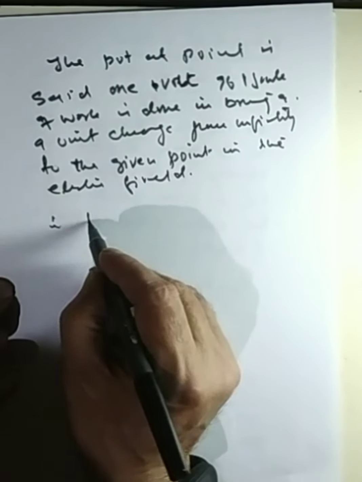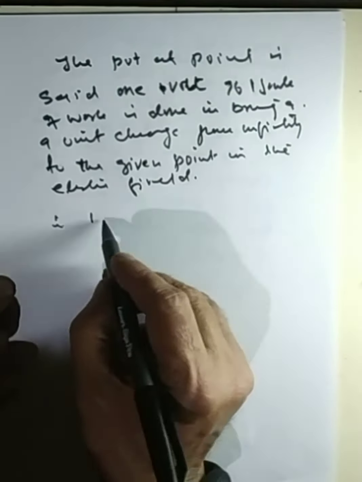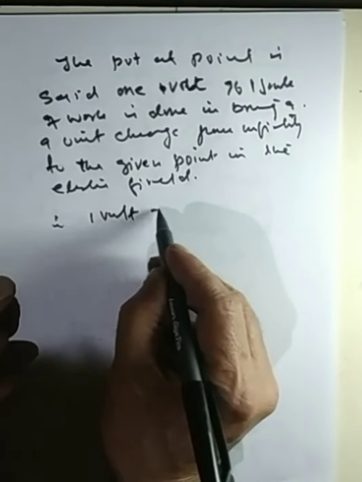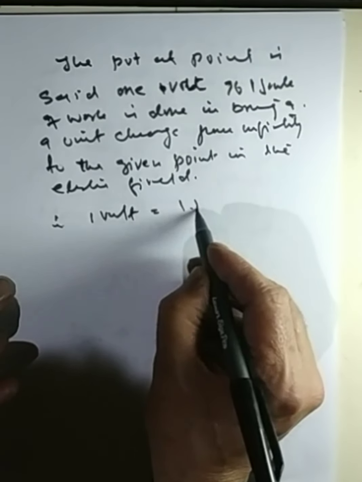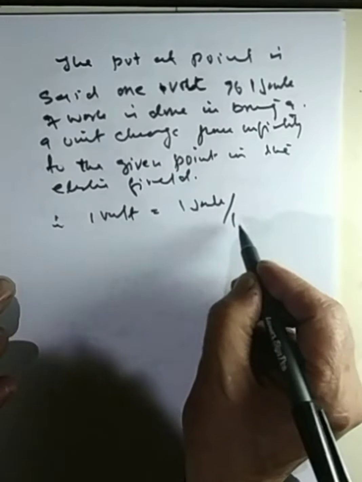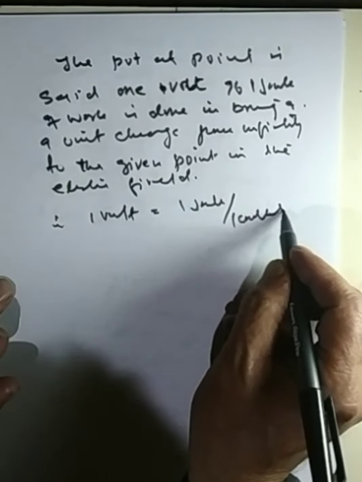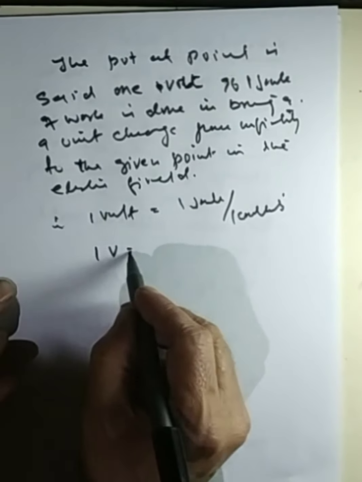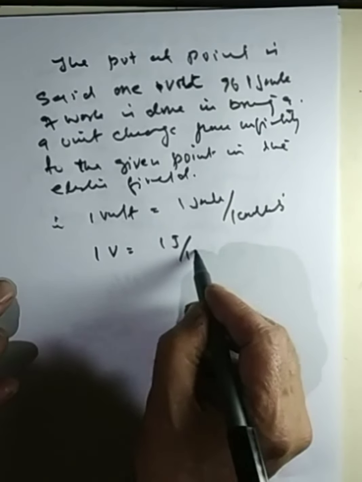Therefore 1 volt is equal to 1 joule per 1 coulomb. That is 1 V is equal to 1 joule per 1 coulomb.